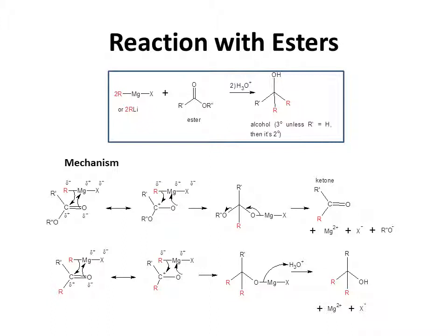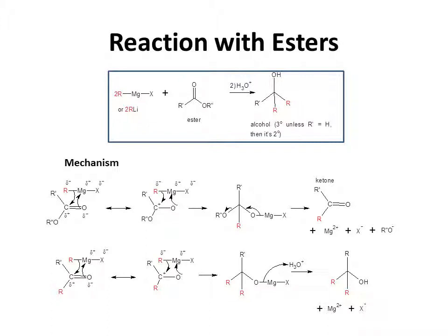So overall, two equivalents of RMgX or two equivalents of RLi will react with the ester, followed by a second step with dilute acid to form a tertiary alcohol. Notice two red R groups are attaching to the carbon. Now that can also be secondary if R prime is a hydrogen. But typically it's tertiary.